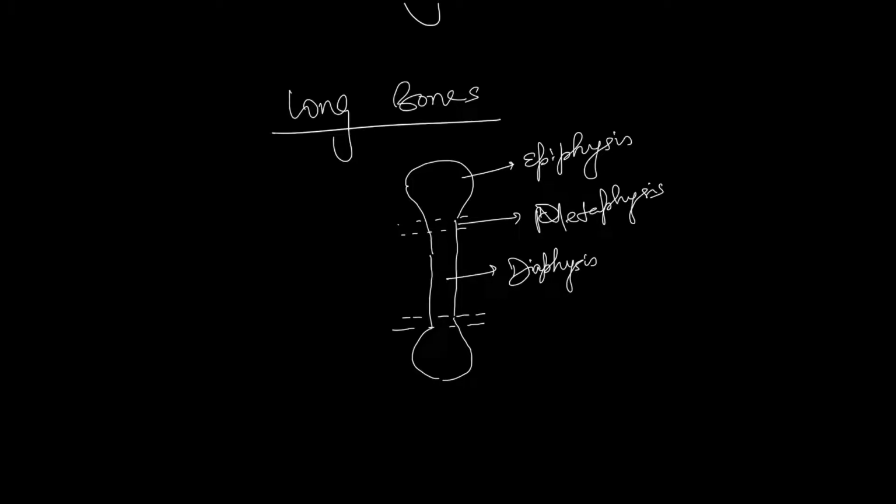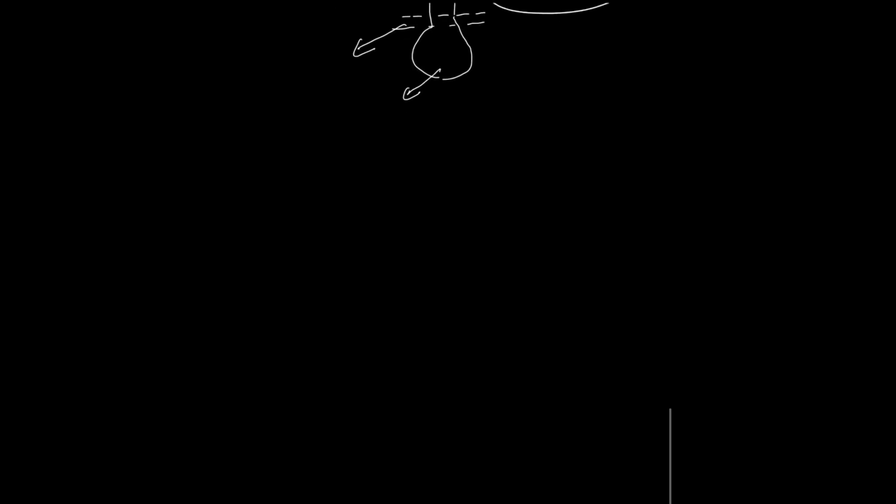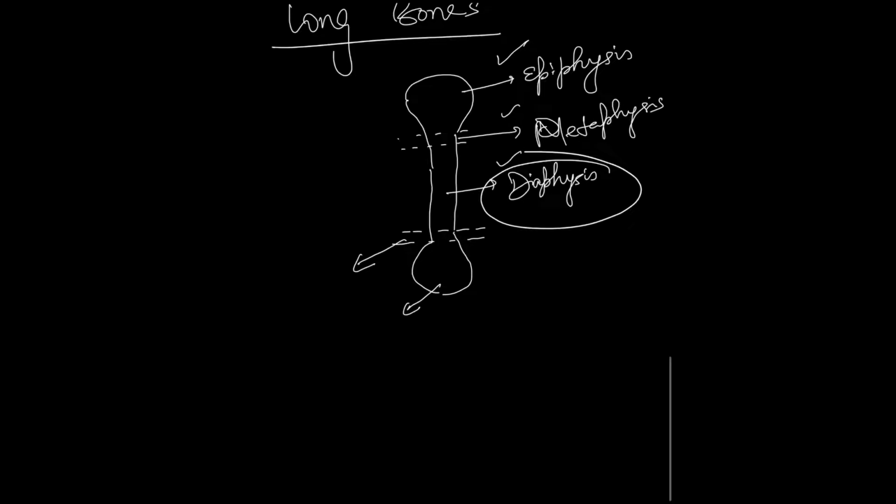Each bone has three parts: epiphysis, metaphysis, and diaphysis. Epiphysis is present on both sides. Metaphysis is also present on both sides, but we have only one diaphysis. This is the structure of long bones.